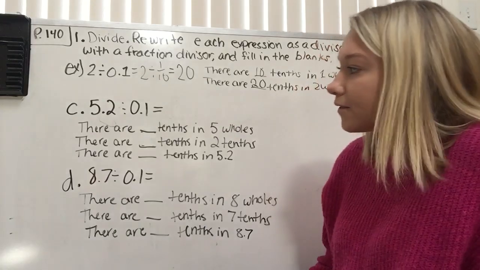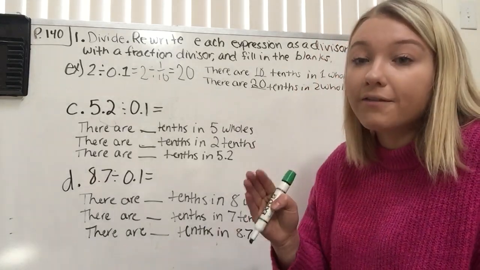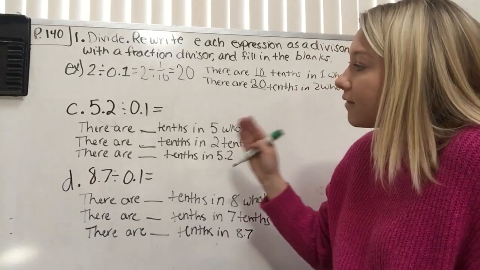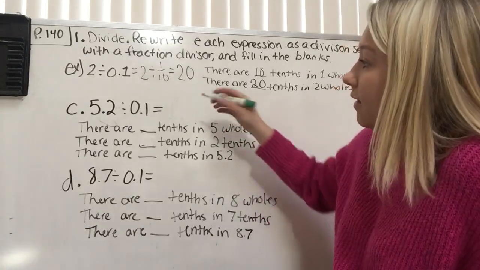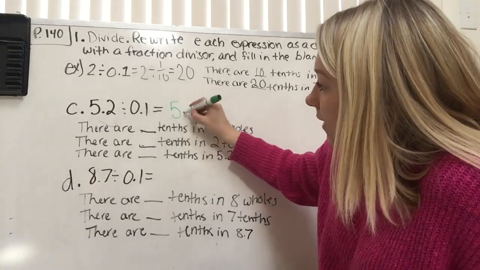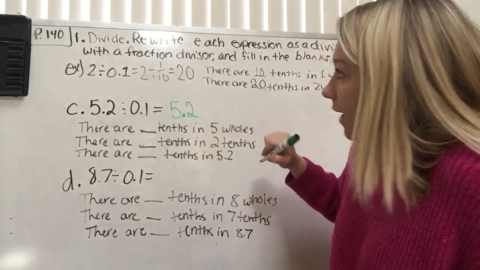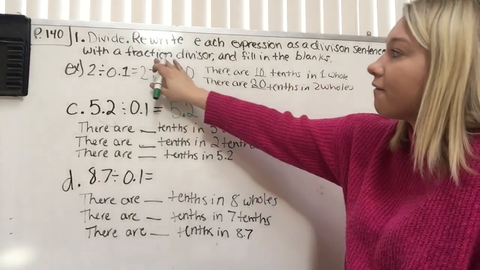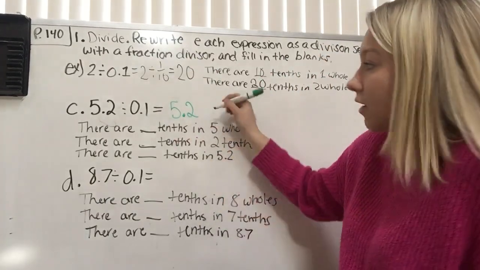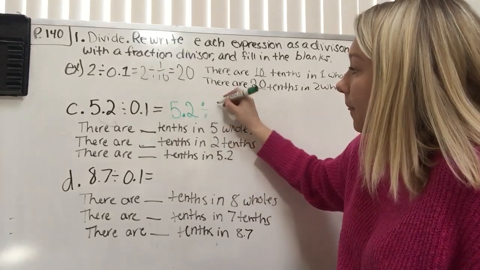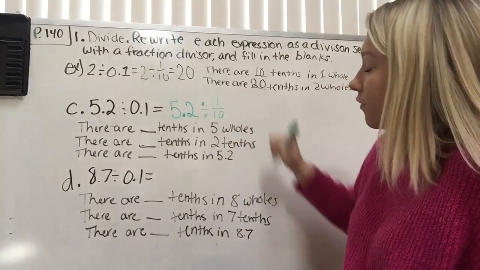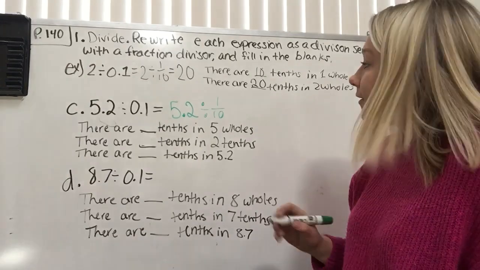C says 5.2 or 5 2/10 divided by 1/10 is equal to, well, I'm going to keep my first factor and change it so it has a fraction divisor. It's divided by 1/10, so I'm going to change that into a fraction divisor.